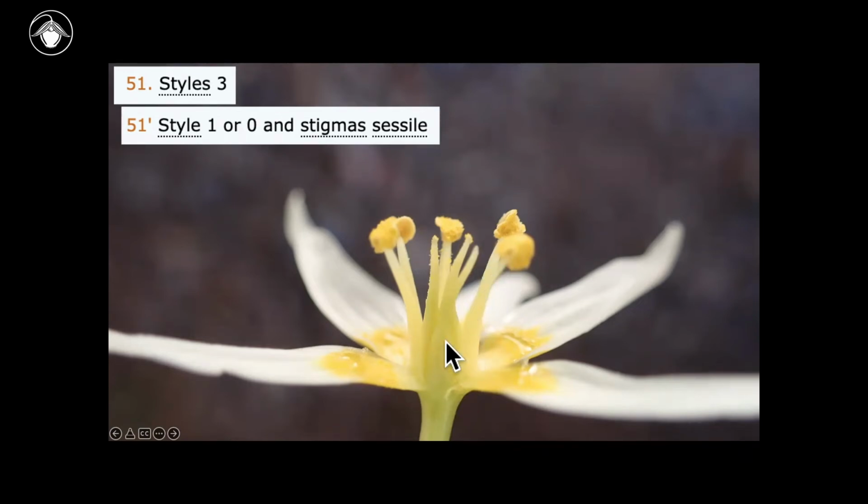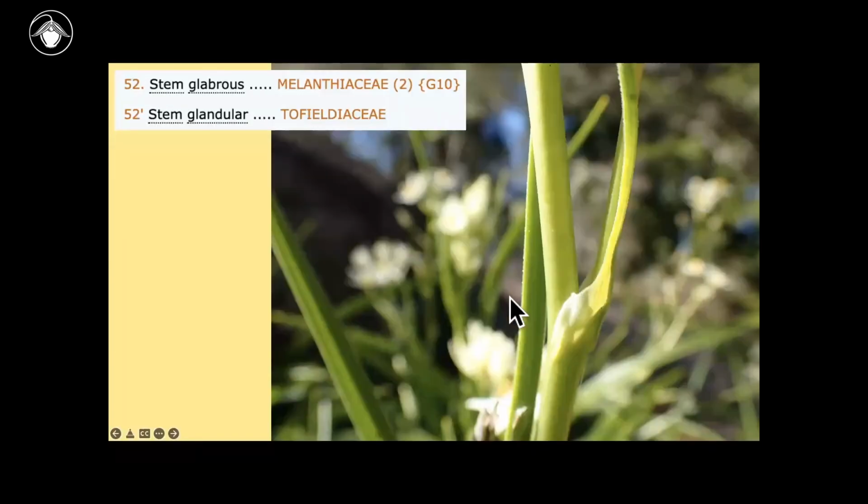So these are the filaments and these are the styles. Stem glabrous, Melanthiaceae, or stem glandular, Tofieldiaceae. This is a glabrous stem, which puts us in the family Melanthiaceae.